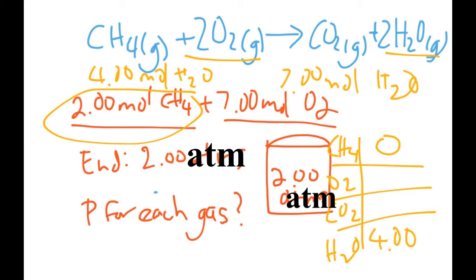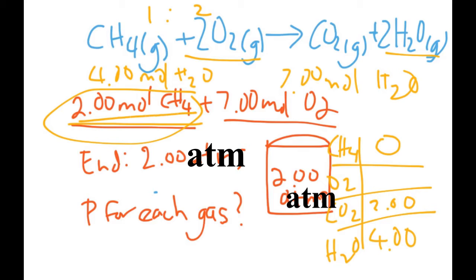And how many moles of CO2 will it make? Well, if it's a 1:1 ratio, then for every 2 moles of CH4 that is depleted, 2 moles of CO2 will be produced. So we can write 2.00 here. Now, how much O2 is left over? Well, if 2 moles of CH4 are used up, then according to this reaction, twice as much O2 is used up because it's in a 1:2 ratio.